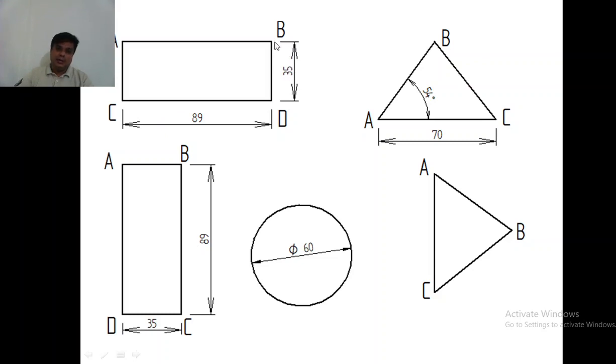And you should leave a small gap here, and draw a line in line with this line AB, a thin line, with a small gap. Similarly here also, from this corner, leave a small gap and draw one more line which is parallel to this line.